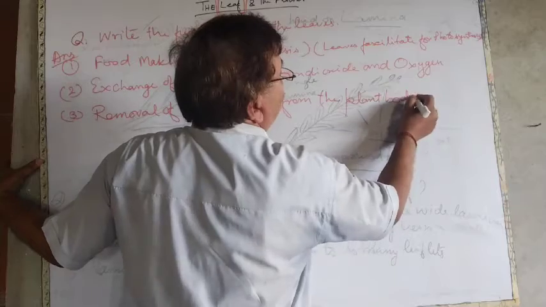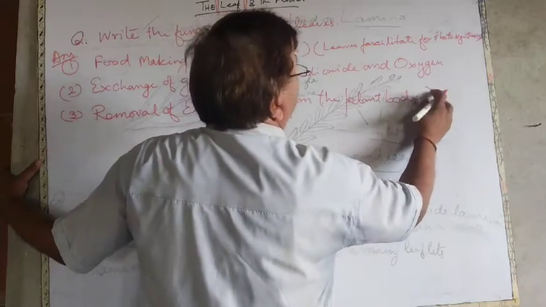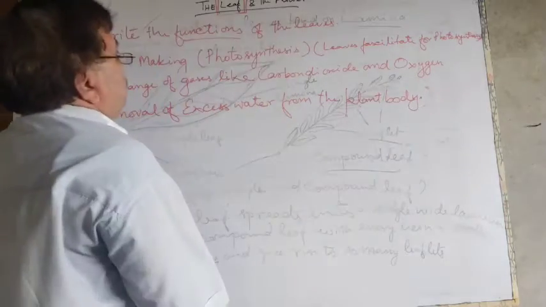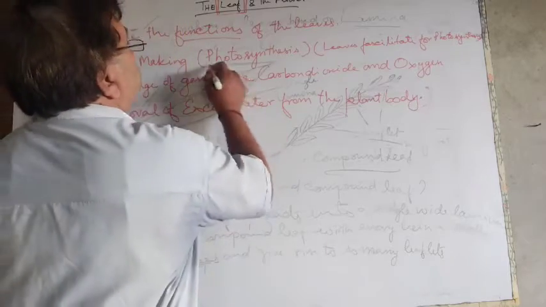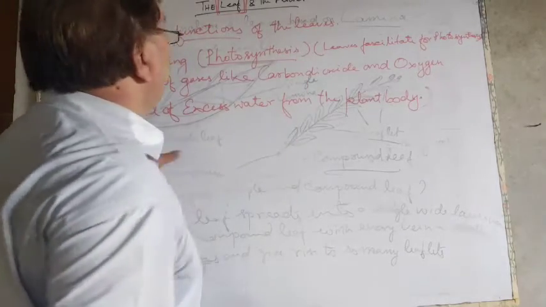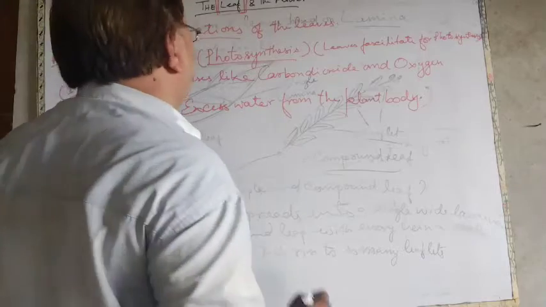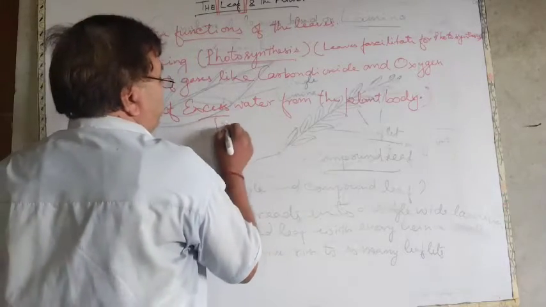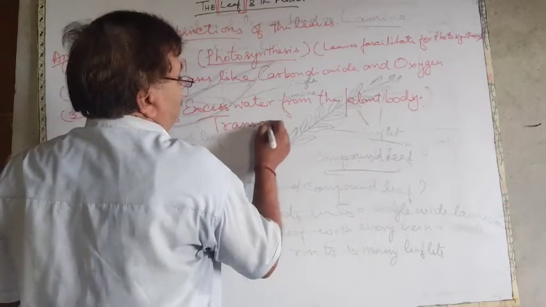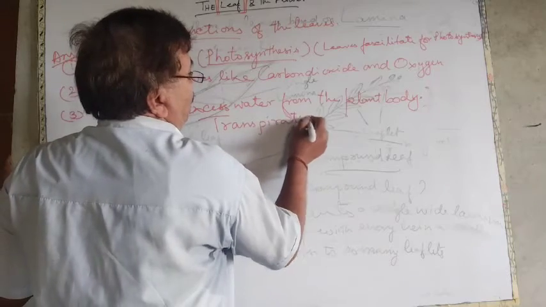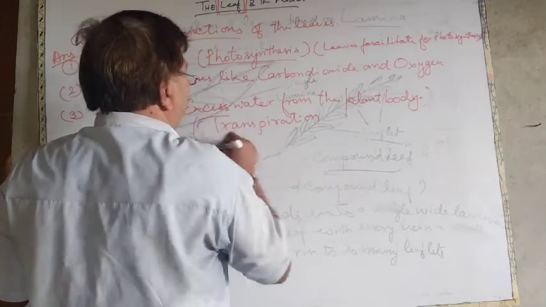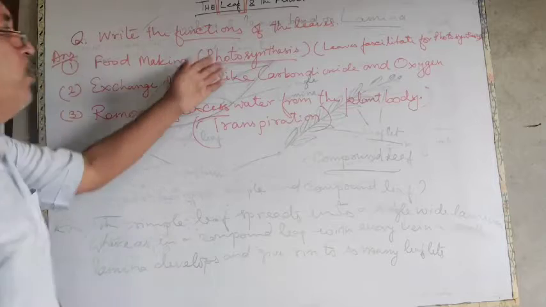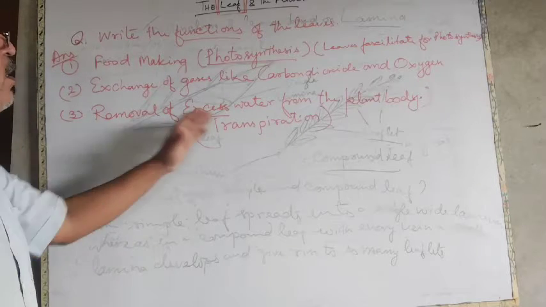So, as you know, this making of food is known as photosynthesis. Similarly, removal of excess water from the plant body is known as transpiration. Sometimes a direct question is asked: what is photosynthesis, or what is transpiration?